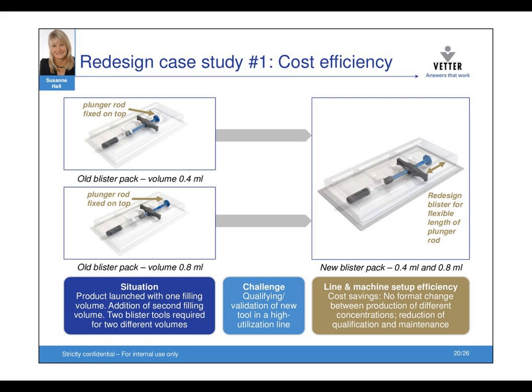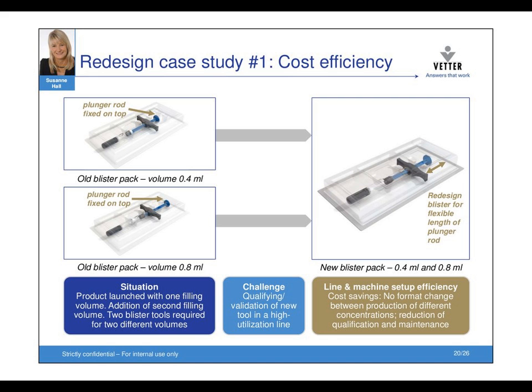All these redesigns are very important, but we always have to look at the cost to meet the management requirements as well. If you know from the beginning which applications you will have in the future, you could save money during planning of the tooling. In our case, we had during the project timeline 2 tools for different applications of the same product.